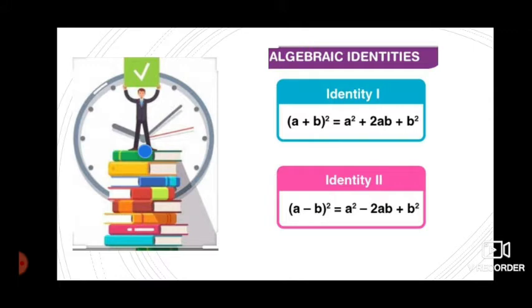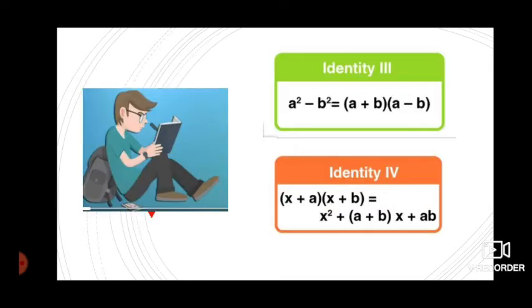So a minus b whole square is equal to a square minus 2ab plus b square. Next, identity 3: a square minus b square is equal to a plus b into a minus b.